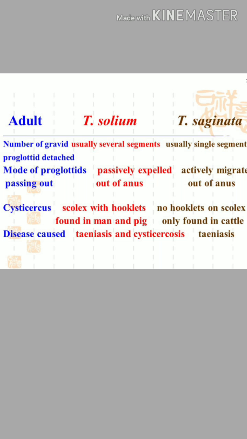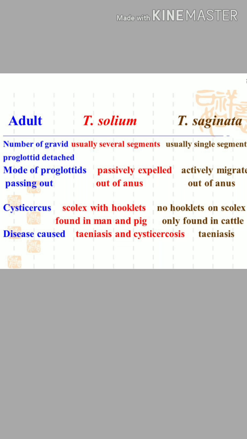There are some other important features of these two tapeworms to distinguish or detect them. The proglottids of Taenia solium are usually expelled in a group, not singly. The gravid proglottids detach from the adult worm in a group. There are multiple segments detached at a time. But in the case of Taenia saginata, usually only one gravid proglottid detaches from the adult worm.